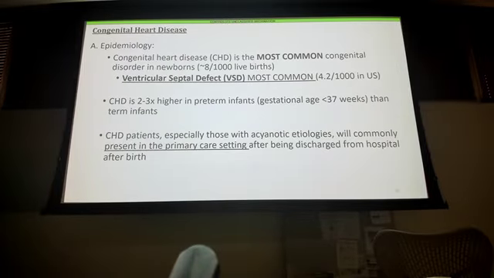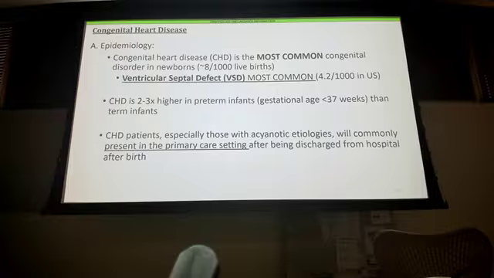And of all congenital diseases, including malformed limbs and cleft palates, congenital heart disease is the most common. Of the congenital heart diseases, the ventricular septal defect is the most common.